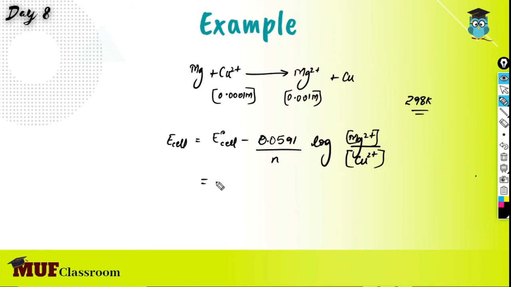Right? So now, the given E naught cell value is nothing but 2.71 volt.